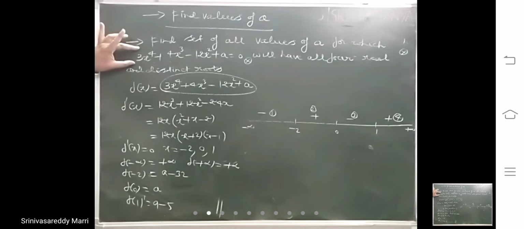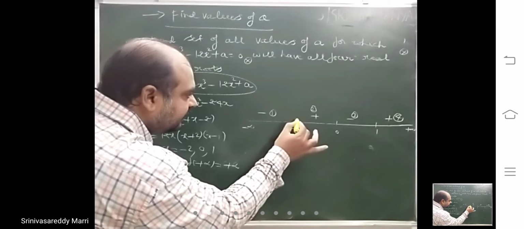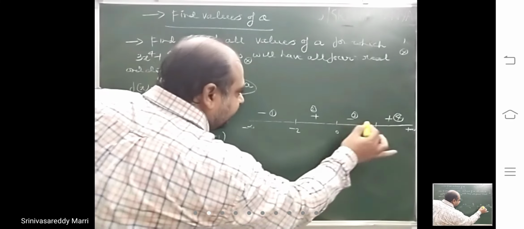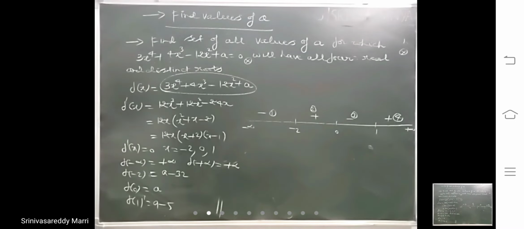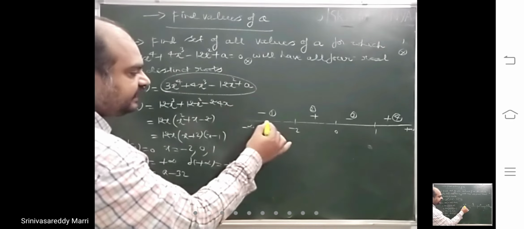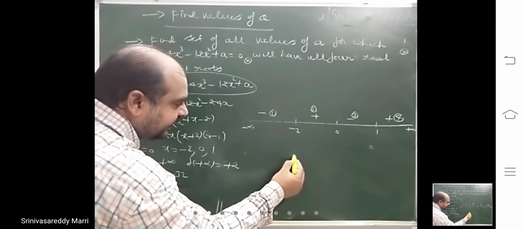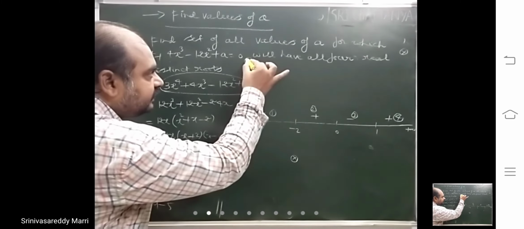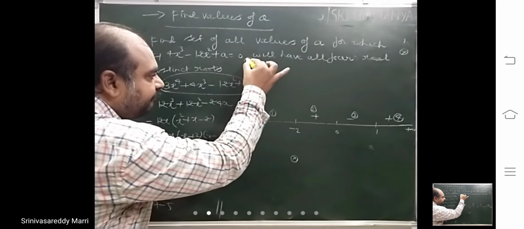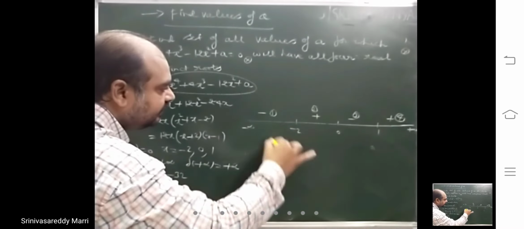How many roots are there for this? 4 roots. That means definitely there must be one root in each of these four intervals. That means how the graph must be: f of minus 2 must definitely be negative. Then only one root can be there, from top to bottom, if you are connecting, it must cut.